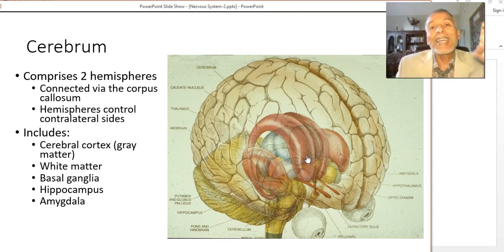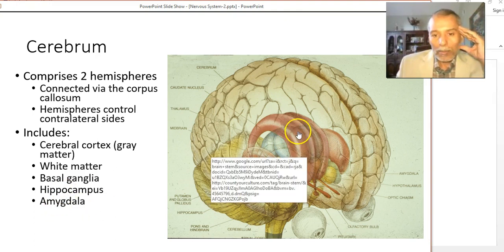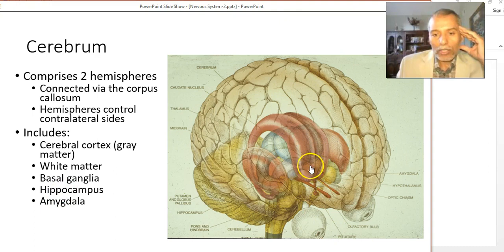Sometimes we call them ganglia. One is a ganglion, one cluster. So these are the basal ganglia, and then the hippocampus, and then the amygdala. So how many structures does the cerebrum include? 1, 2, 3, 4, and 5 major structures.